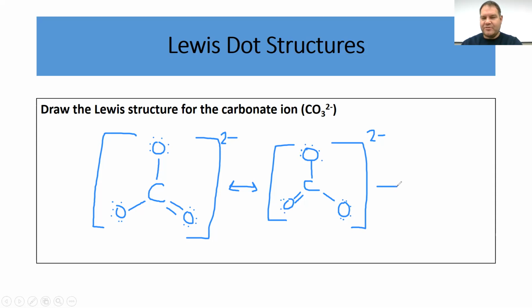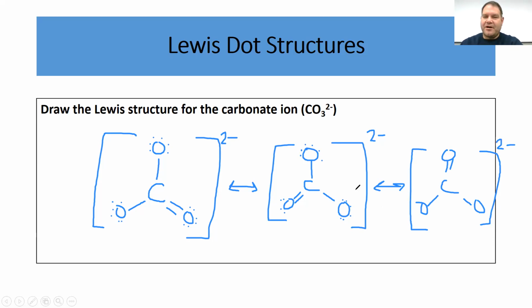Okay, and then one more resonance structure that we can draw here. Put the double bond here, single bonds, and terrible bracket. Let me see if I can do a better bracket here. Okay, well, like so. Okay, so there's our 3 resonance structures.